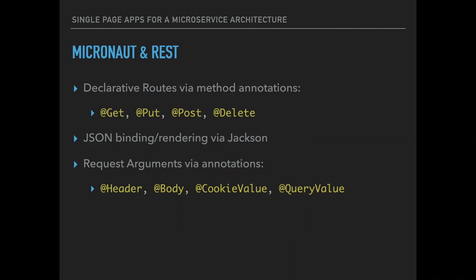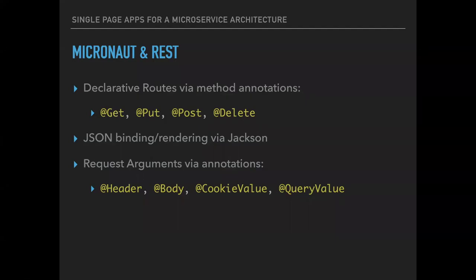And then we also can use arguments to refer to portions of the request. Again, these are annotations that are useful whether you're writing a controller, so you're specifying a controller method, or whether you're specifying a client and you're referring to things in the request. So we have annotations like @Header, @Body, @CookieValue. I think these are probably pretty straightforward.